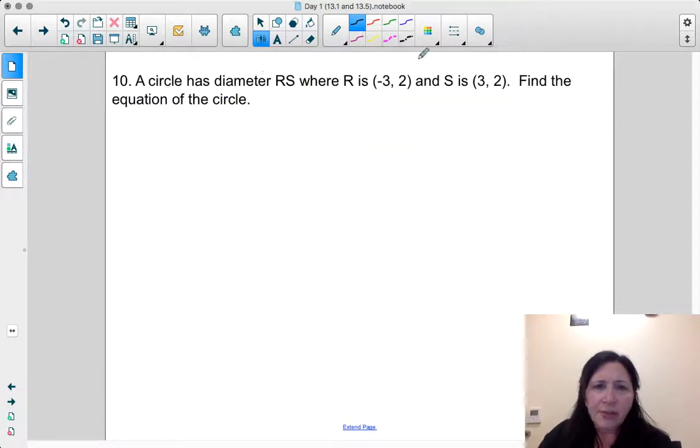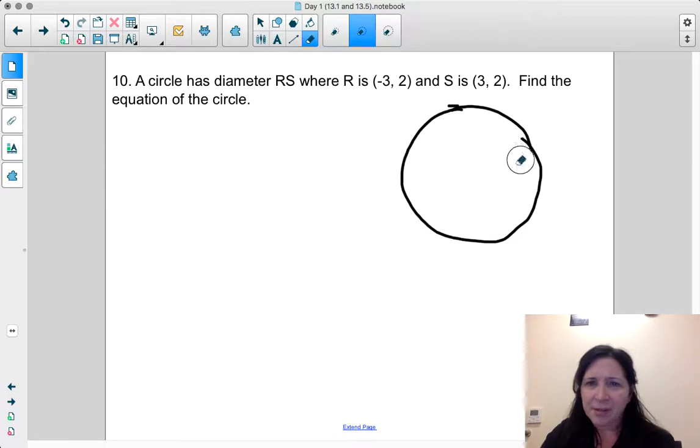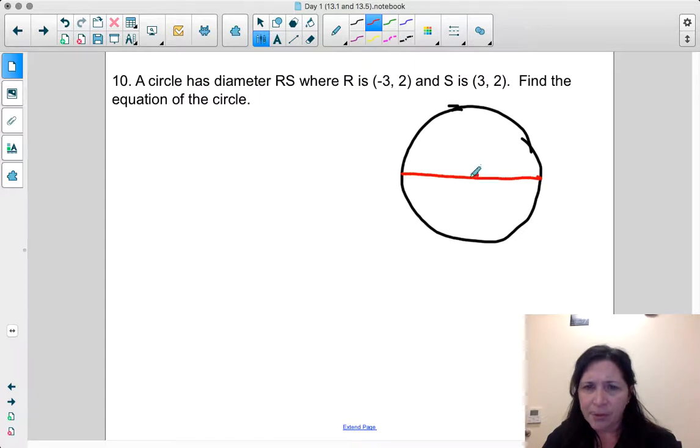A circle has a diameter RS. So let's just make a circle with a diameter RS. So let's see, here's my circle. I don't know where the center is yet. Hard time here making a circle. R is this value. If it has a diameter, that means it's going to go through my center.